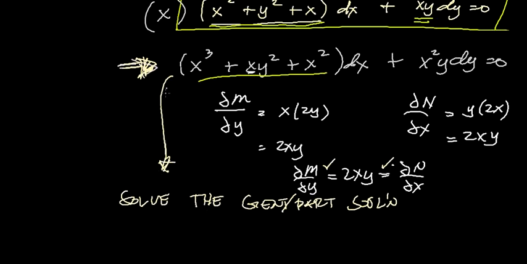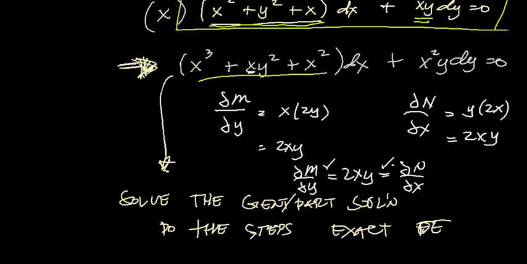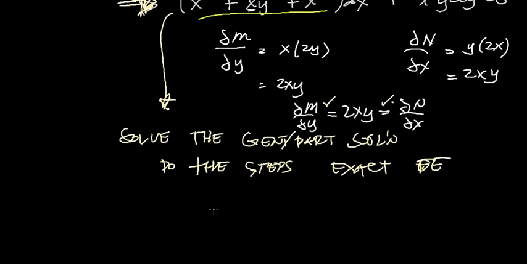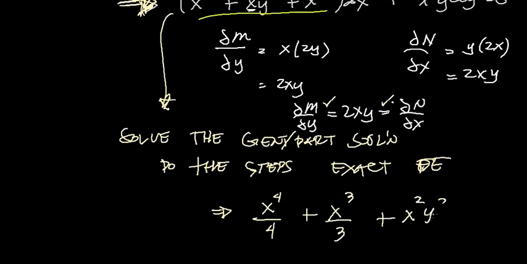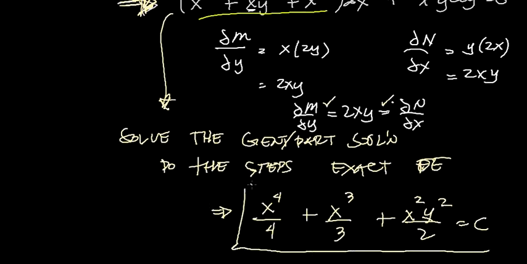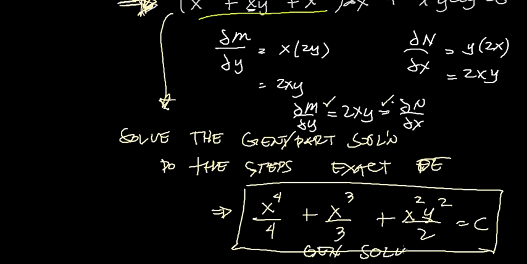Okay, so if you do these steps to solve the exact differential equation, then the answer yields x to the fourth over 4 plus x squared y squared is equal to c. Okay, so this is the general solution.